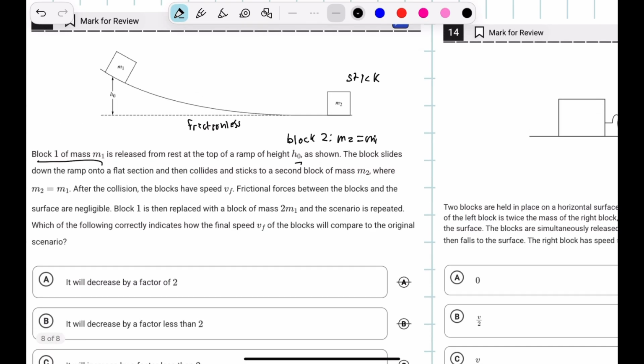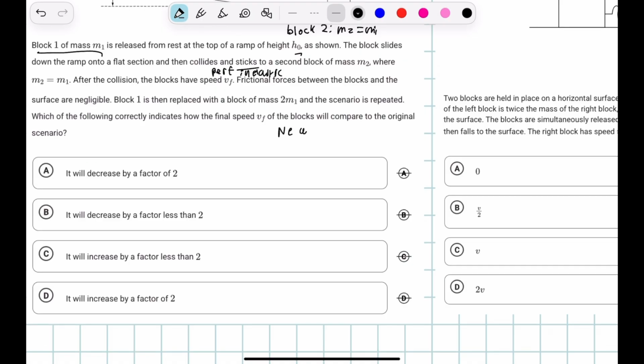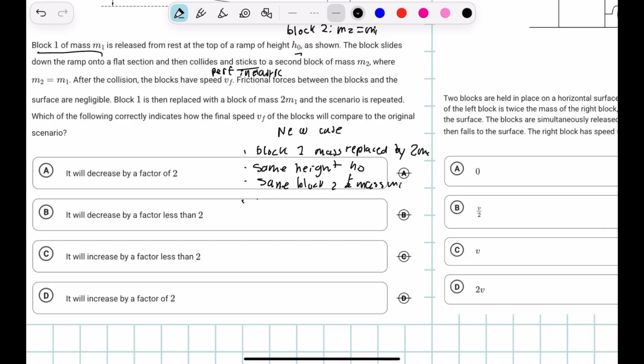If it sticks, then we know it's perfectly inelastic, right? And then for our new case, block 1's mass is replaced by 2m1. We also have the same height h initial, and the same block 2 of mass m1, and it's the same type of collision.